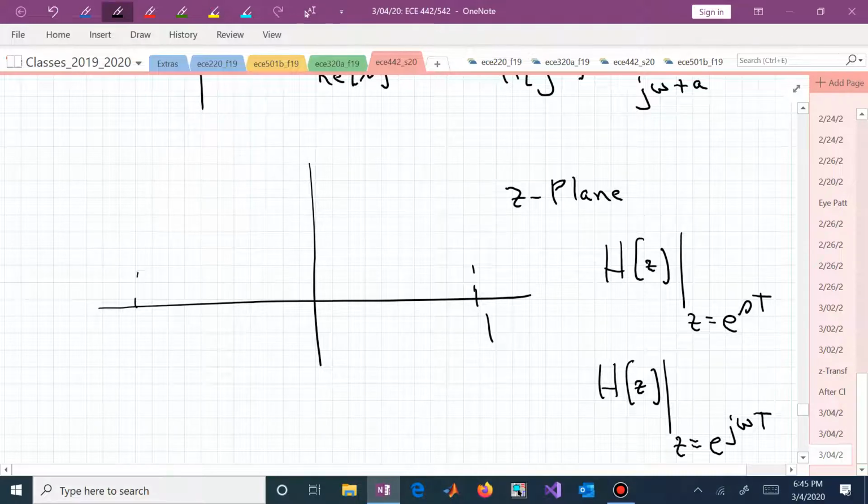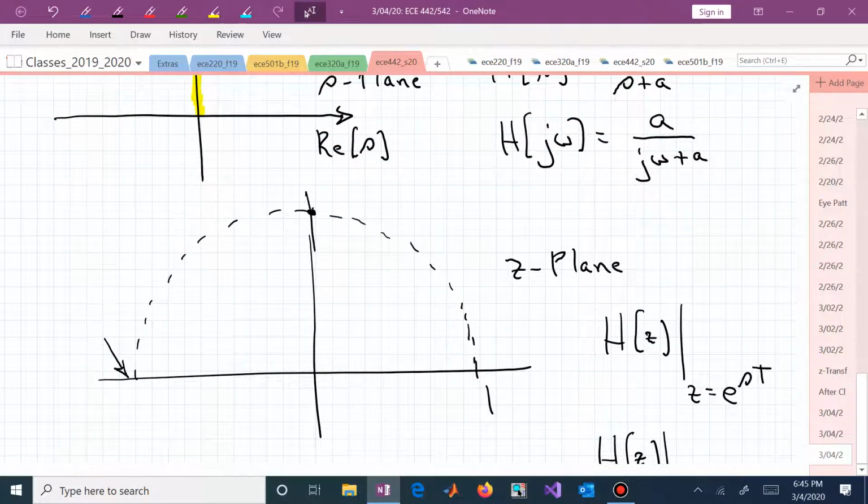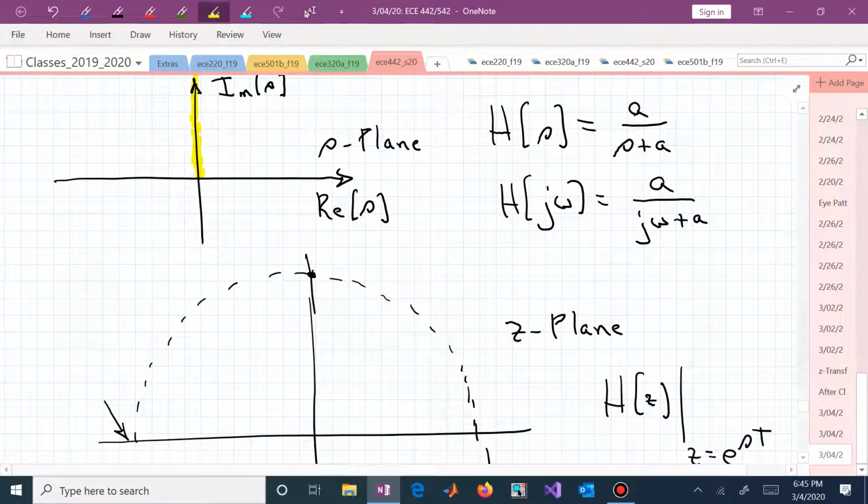I wish I could draw this better. This is now the unit circle. Right there is j pi over 2. What's this point? In fact, instead of walking up the imaginary axis in the z-plane, we are walking around the unit circle and getting over to that point.